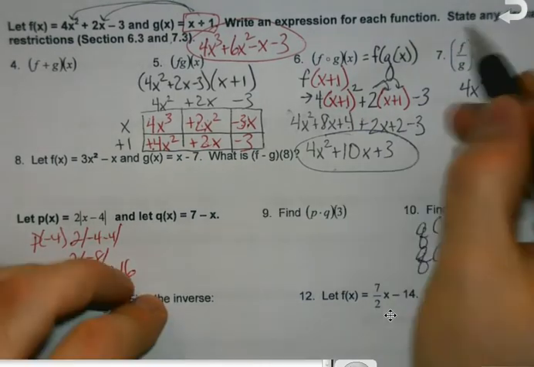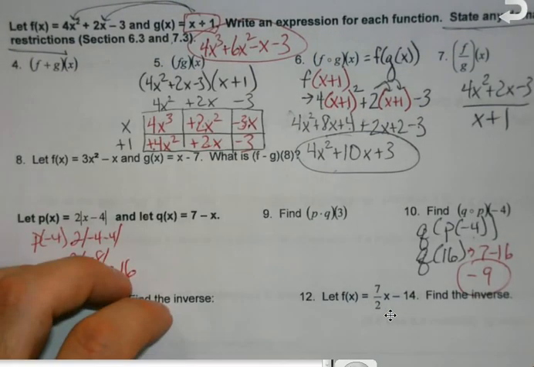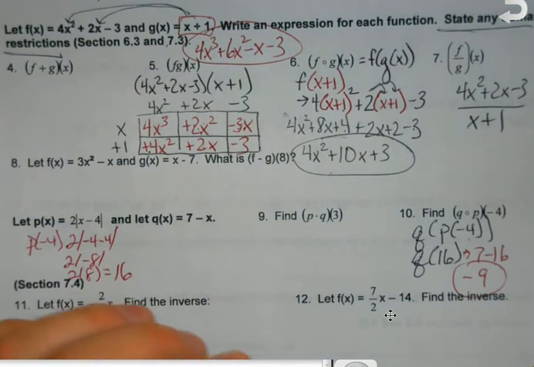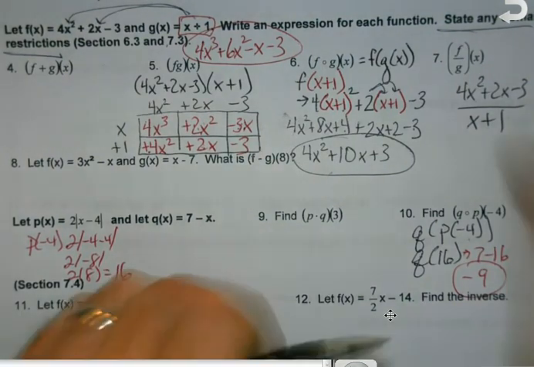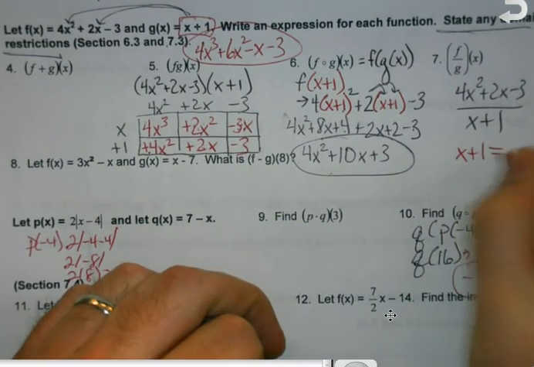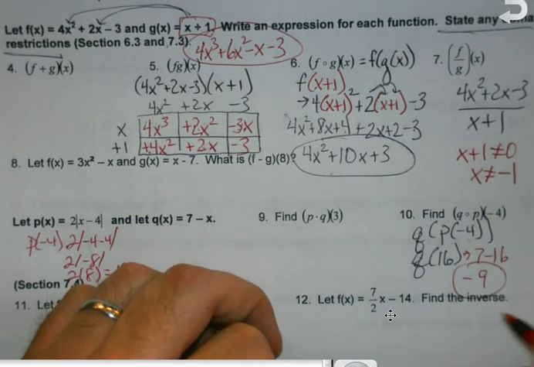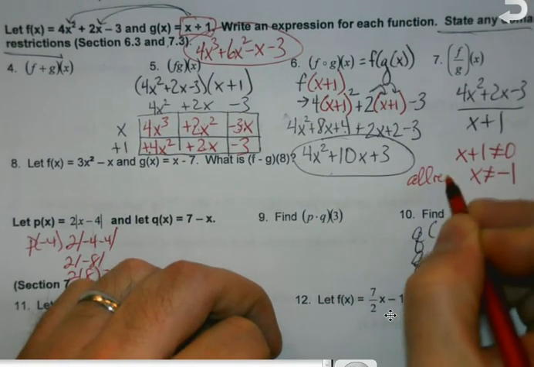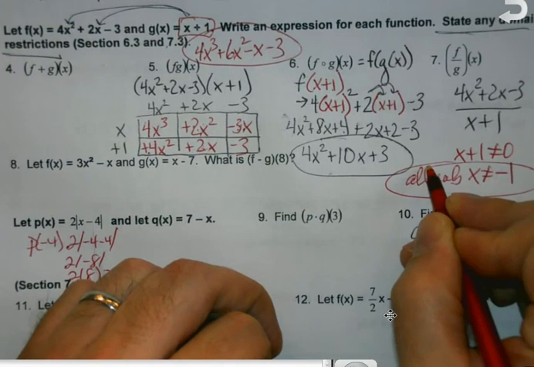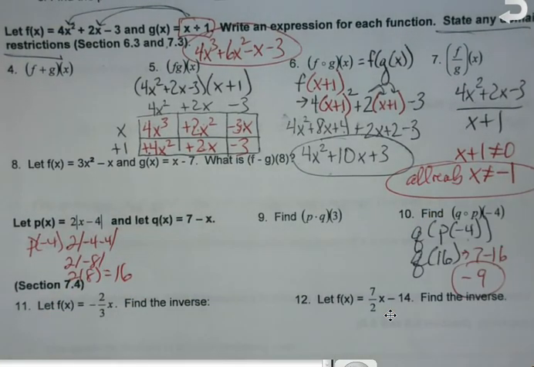But state any domain restrictions. I can't have 0 in the denominator of a fraction, so I set that not equal to 0. And that tells me I can have all reals except -1, because -1 would make this equal 0 and it'd make it undefined.